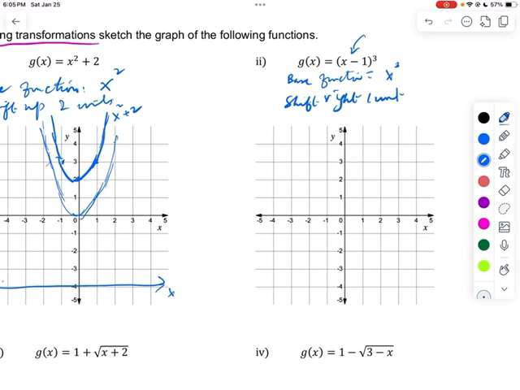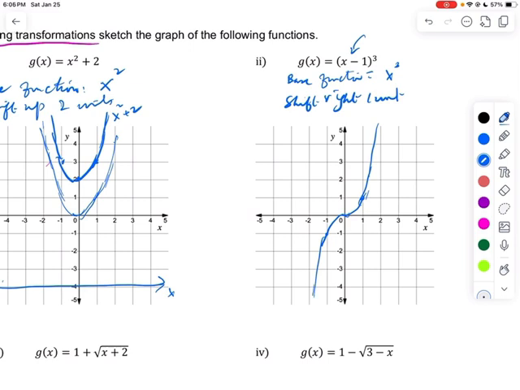So x cube graph looks like, at 1 it is 1, at 2 it is 8. Now I don't have access to 8. At negative 1 it will be negative 1. But I know that shape goes something like this. Something like that. So now we have to shift it 1 unit to the right.